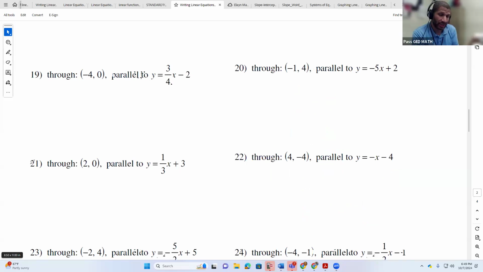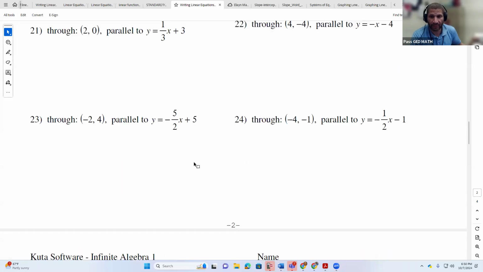You should be able to find the equation of a line given a point and the slope, and a line that's parallel given a point and slope. Now we're about to go over how to find the equation of a line that's perpendicular.